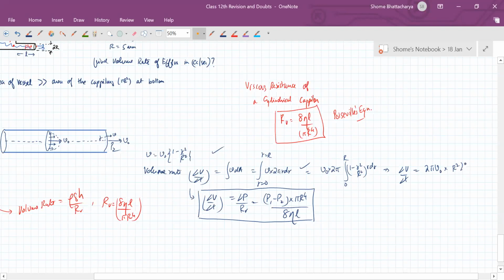If you take common, you get 1 by 2 minus 1 by 4. This kind of relation. So in case after finding the volume rate, you are also asked to find V naught, you can use this relation.